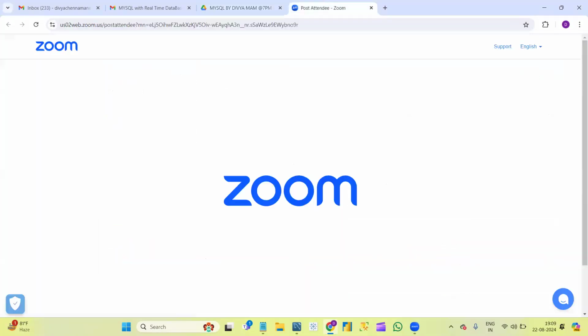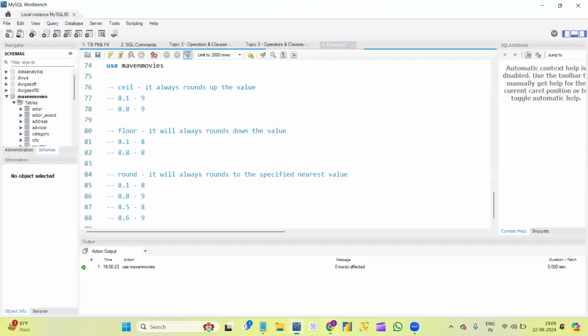Do I need to provide the mail ID again, or the one with which I confirmed the payment? Yes, they will add that mail ID only. I guess you enrolled today only, no? That's the reason you didn't get it, but they will give it tonight. Okay, Divya.